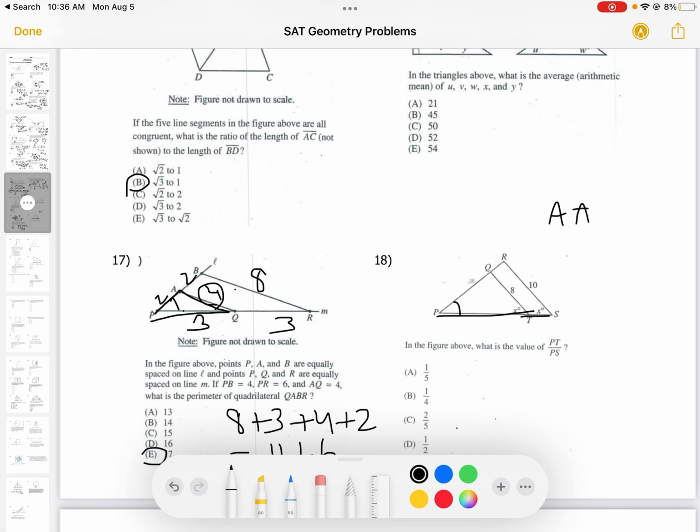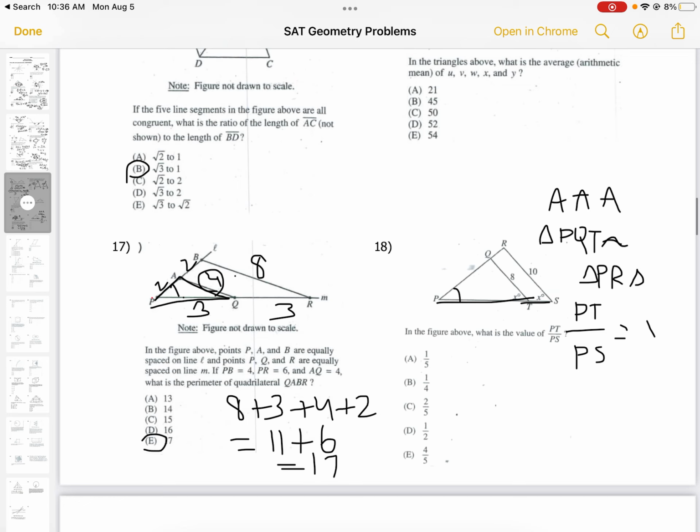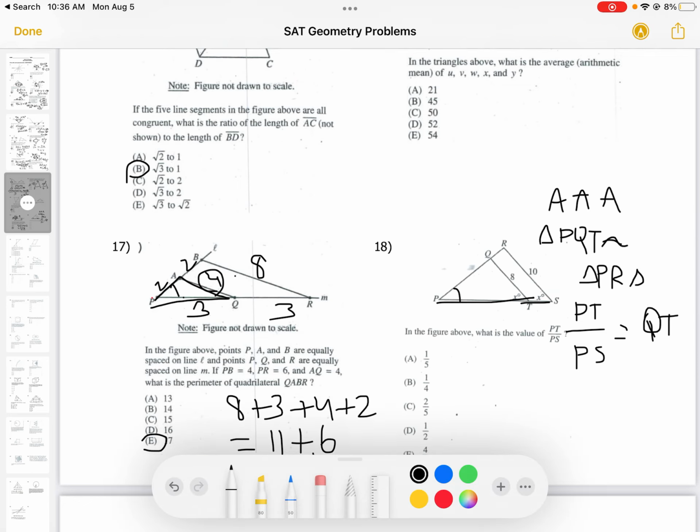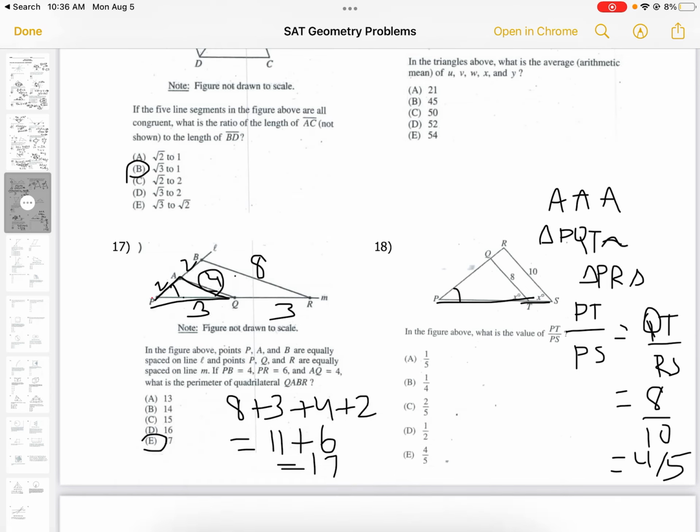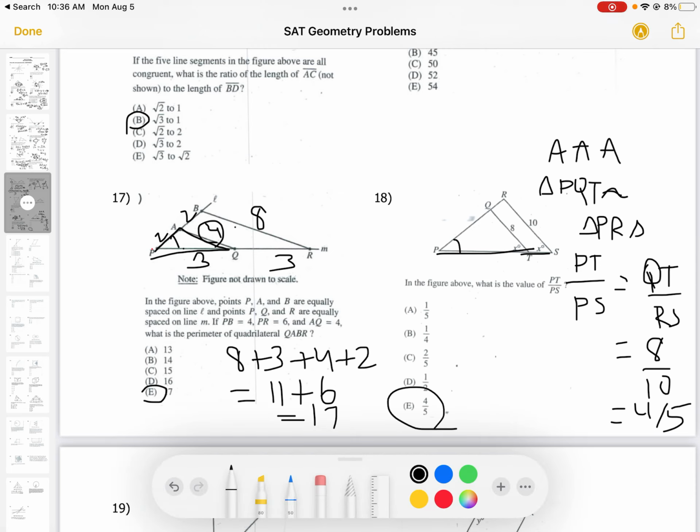So by AAA similarity, we have triangle PQT similar to triangle PRS. And so we know the ratio PT to PS will be equal to QT over RS. Now QT and RS, we know what they are. That'll just be equal to 8 over 10, which is 4 over 5. And what answer choice is that? That's E. And we're done for this video.